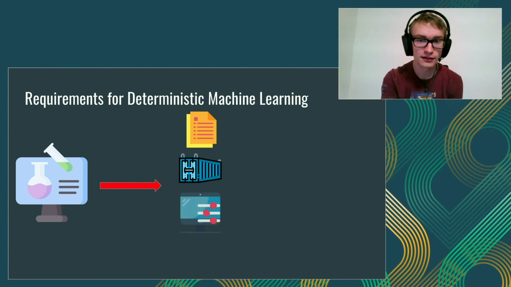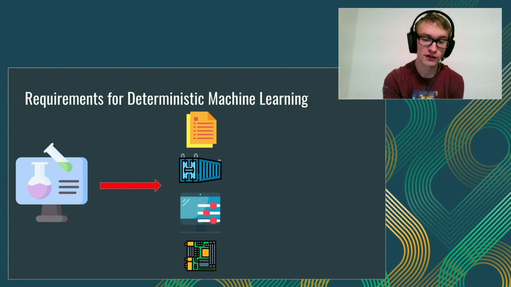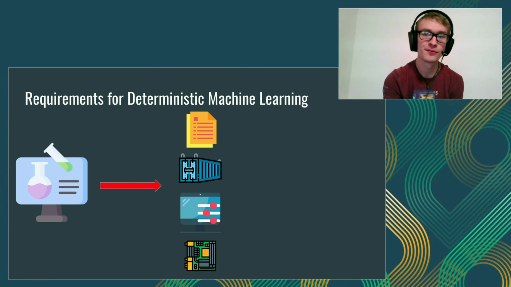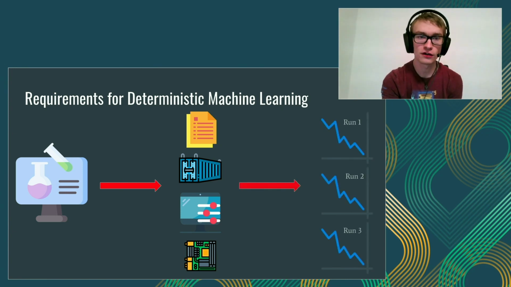Thirdly, we should always enable all of those determinism settings for the machine learning libraries. And finally, we should keep track of the hardware that we use, because if we switch to different hardware, we also won't get a reproducible result. If we adhere to all of those requirements, then we should get reproducible runs and always the absolute same result.